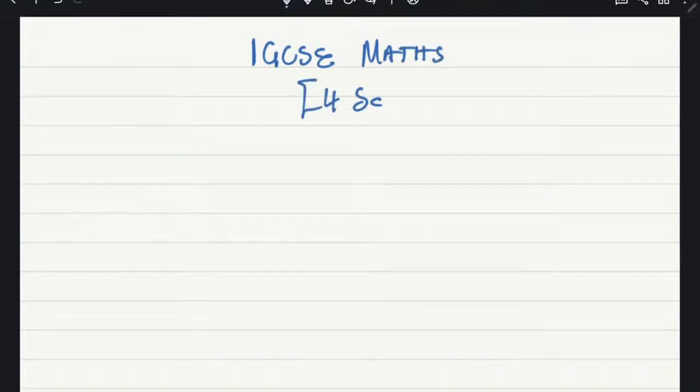What we know is our maths has 4 sections, the entire maths. So of course we are going to look at the questions from the different sections.